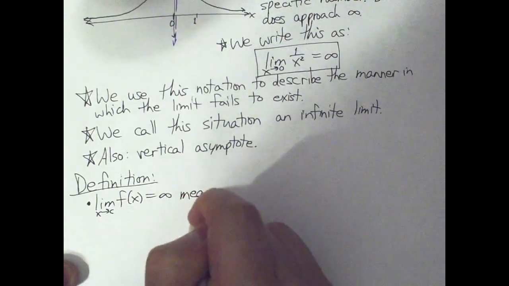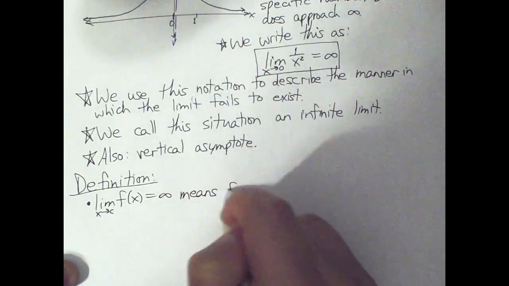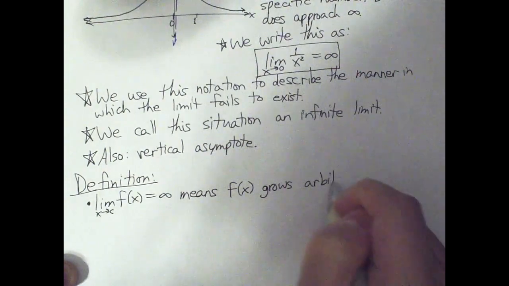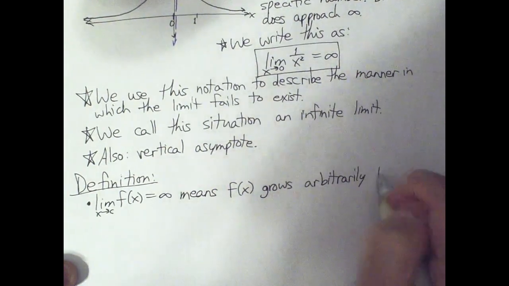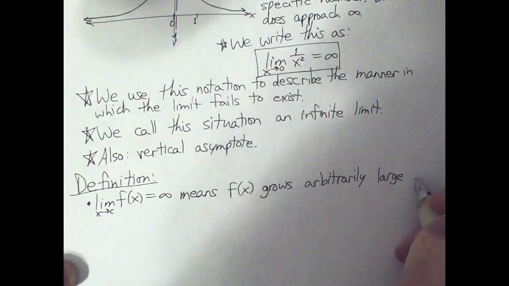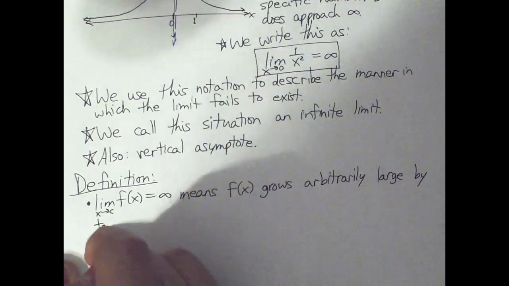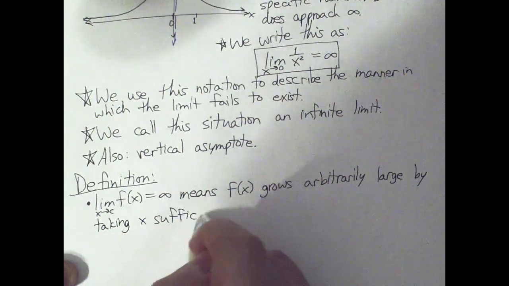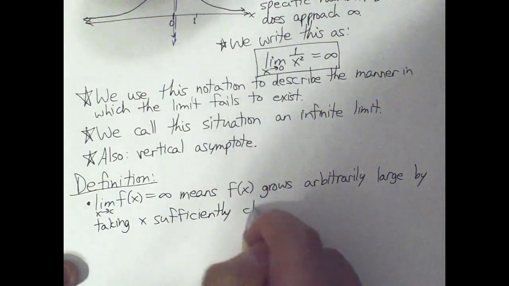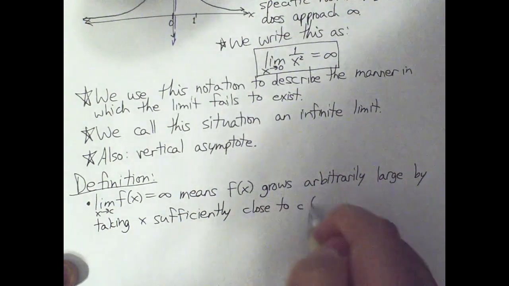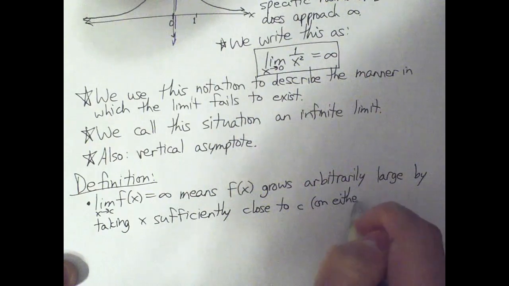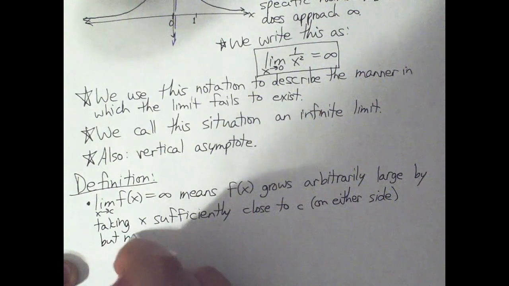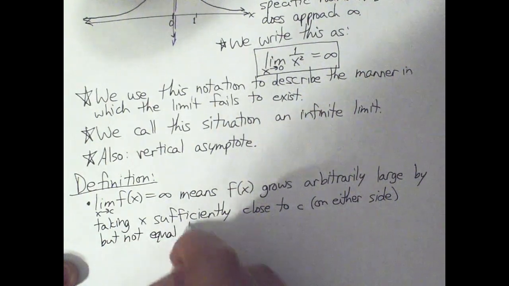It means, let's be clear about what it means. f of x grows arbitrarily large by taking x sufficiently close to c, on either side, but not equal to c.